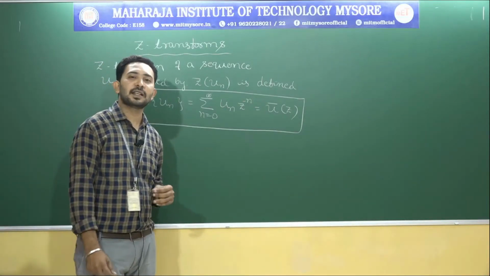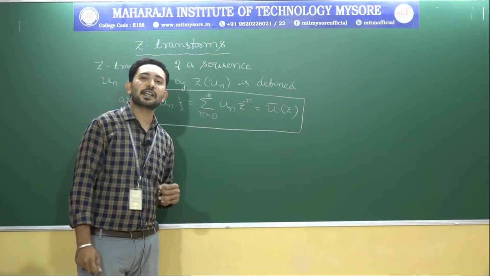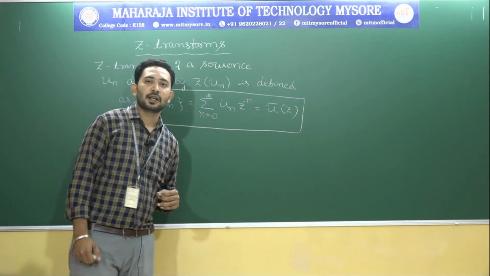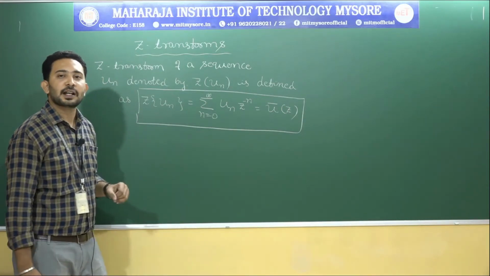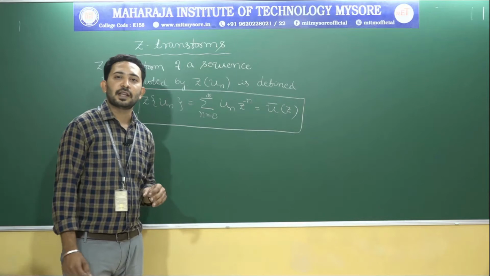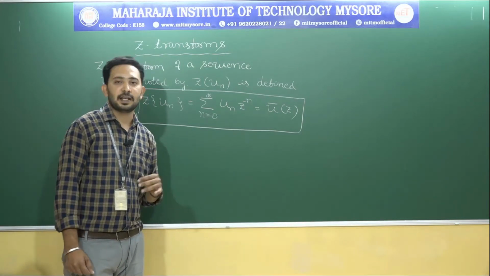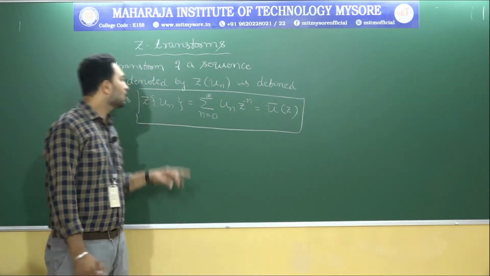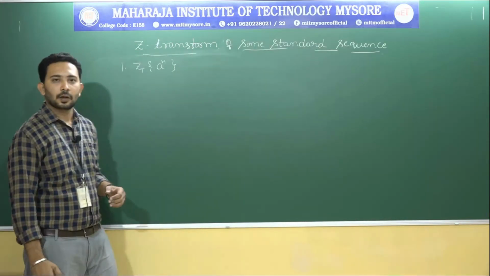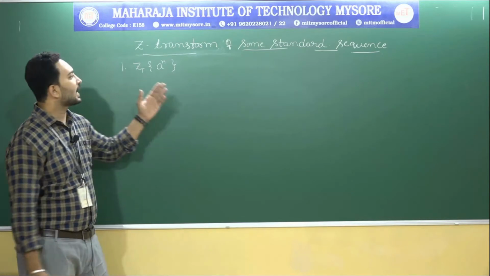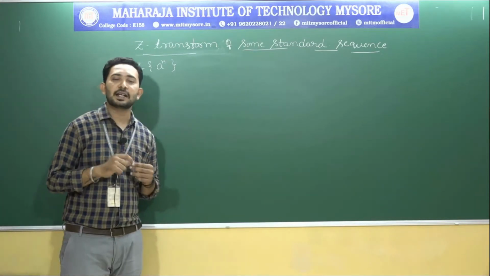The Z transform exists only when the infinite series is convergent, and also here the sequence u_n is defined for discrete values of n equals 0, 1, 2, 3, etc., and the sequence u_n is 0 for n less than 0.